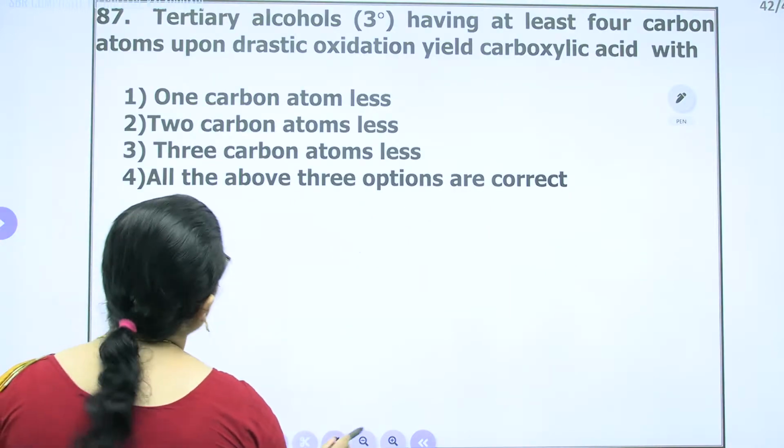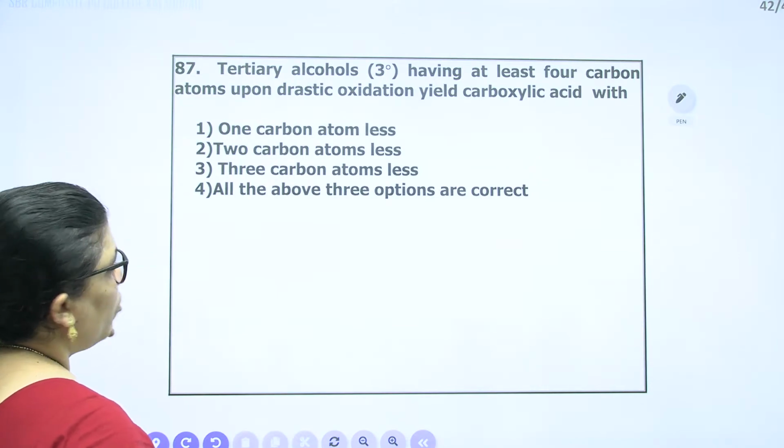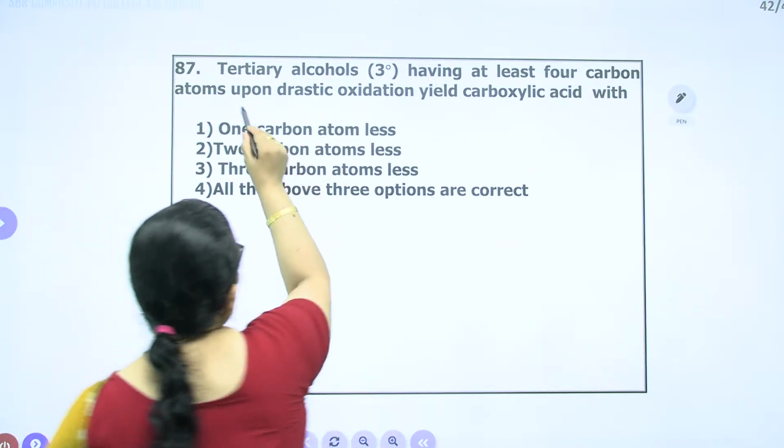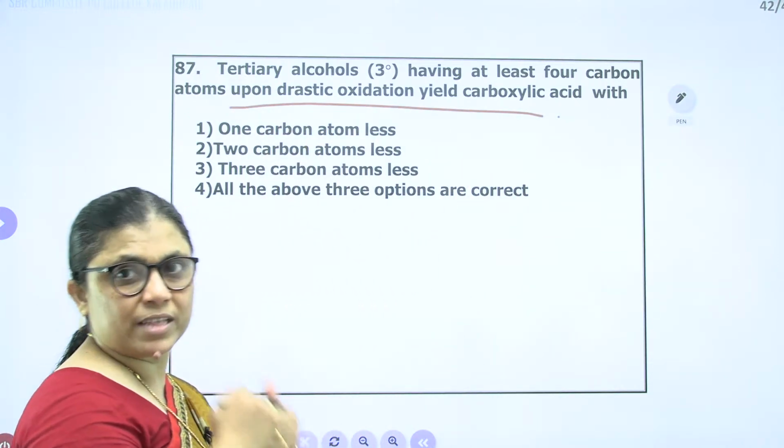Next, question number 87. A tertiary alcohol having at least 4 carbon atoms, upon drastic conditions, yields a carboxylic acid with how many carbon atoms less, they are asking.